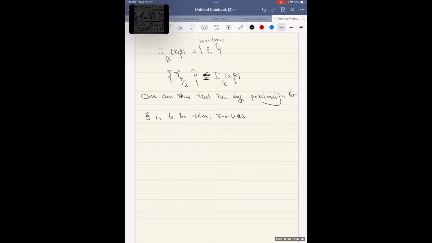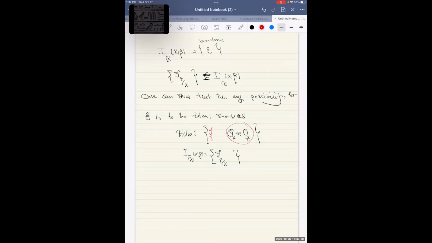The Hilbert scheme parameterizes quotients like that, and the moduli space of ideal sheaves parameterizes I_Z,X. So the information of the Hilbert scheme is the information of the quotient.